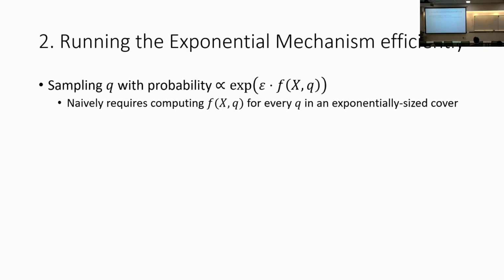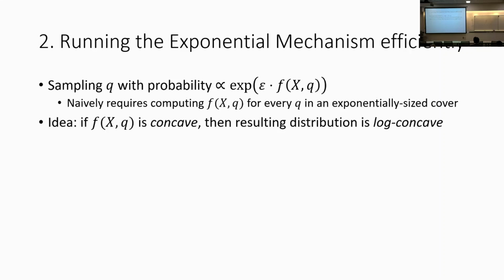And in fact, the idea is you'd actually want it to be concave, because if the score function happens to be concave, then the resulting distribution will be log concave. This is immediate.